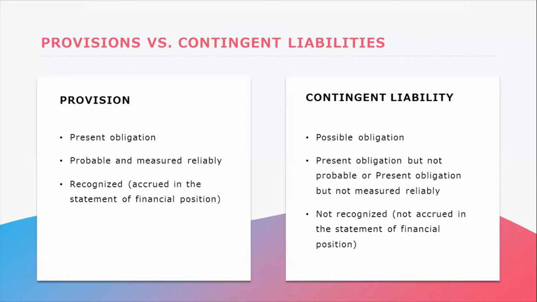There will be an outflow of resources. So, that is the definition of a liability. So, a provision, because it is under liability, has the classification of present obligation, whereas a contingent liability has the classification of possible obligation.